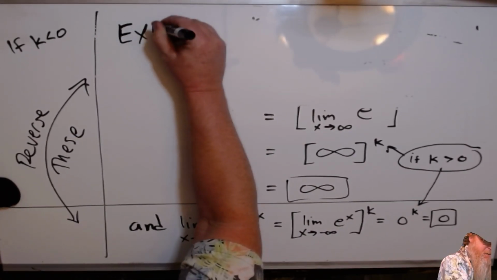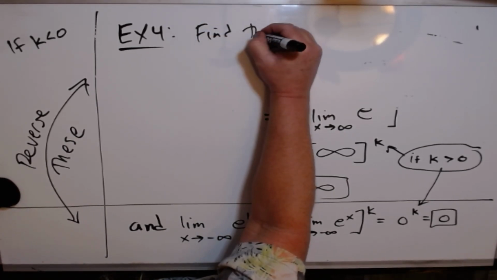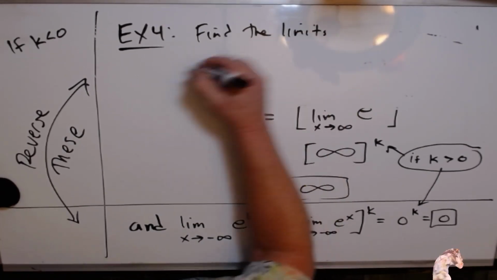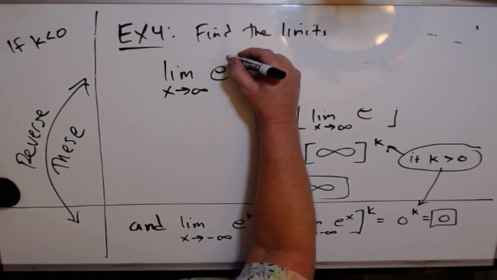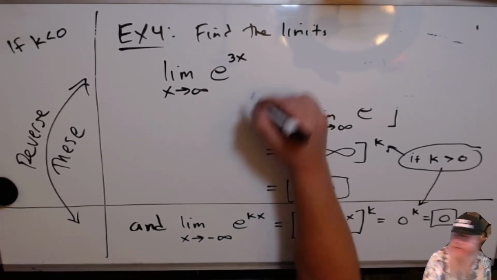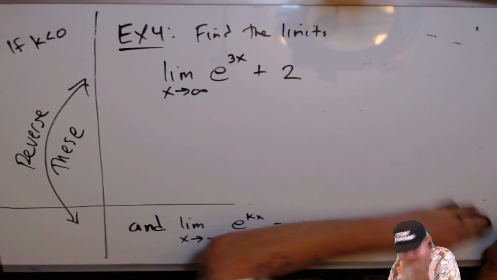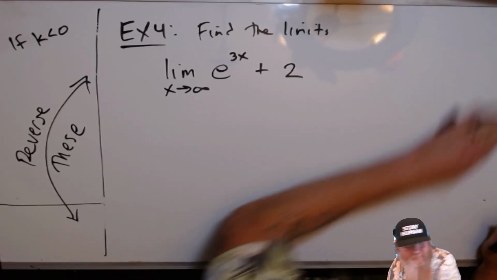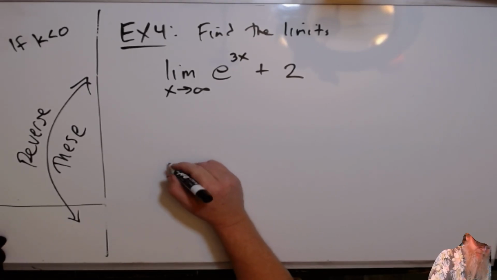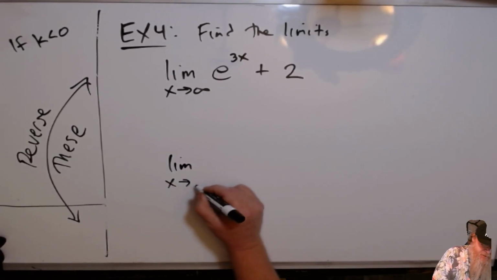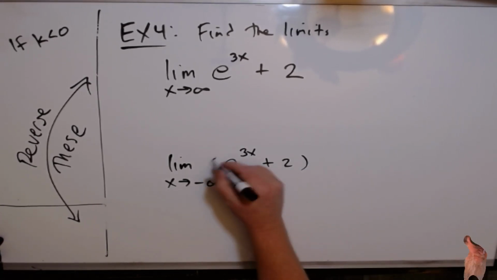Example 4. Find the limits. The limit as x goes to infinity of e to the 3x plus 2, and then let's do the limit as x goes to negative infinity of e to the 3x plus 2.